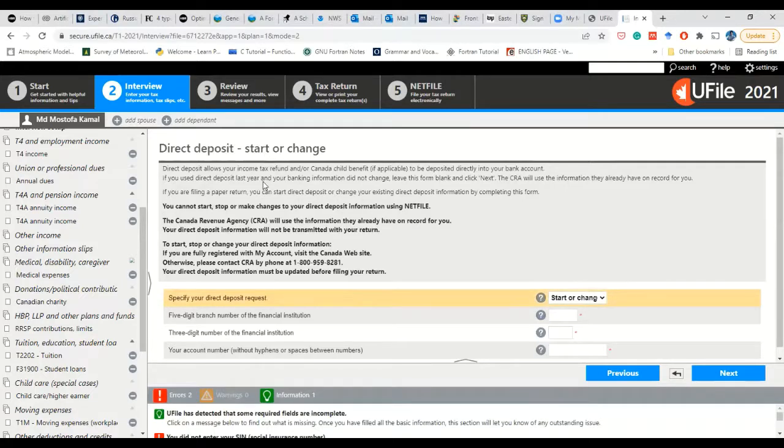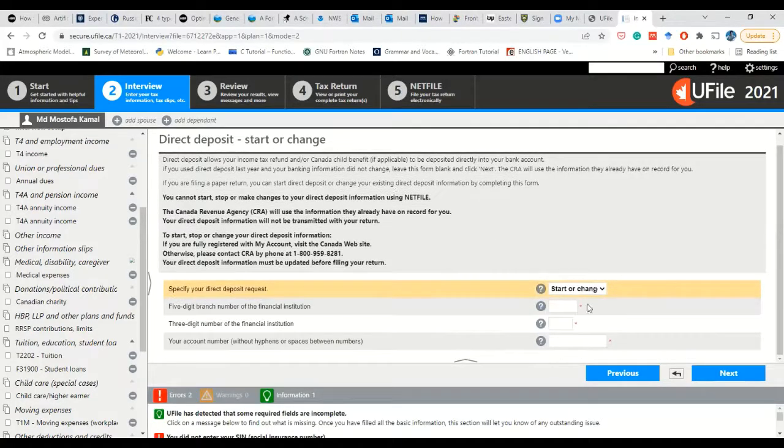And then direct deposit information. I mentioned that you can provide your banking information, specify your direct deposit request, start or change direct deposit. Okay, start, and then this is your banking information: 5-digit branch number, 3-digit bank name.